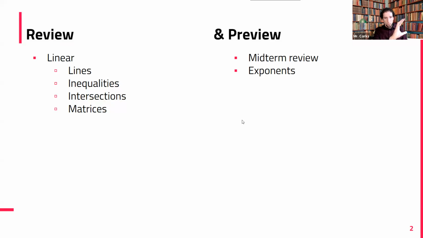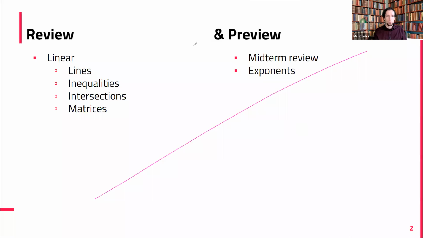So up to this point in the class, we've been dealing with straight lines or various kinds of linear relationships. After the midterm, our focus is all sorts of not straight lines, these kinds of things. What are the equations of these things?